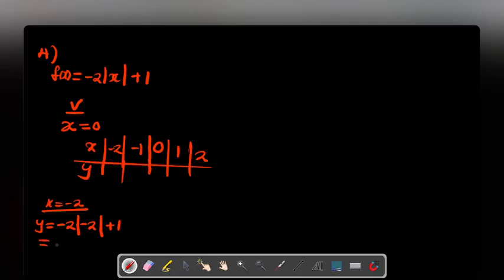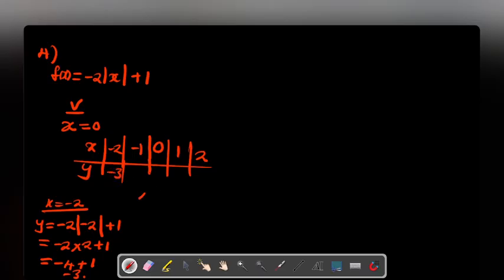So this gives us -2, then the modulus of -2, the absolute value, which is +2. Here we are multiplying, then plus 1. So this gives us -2 times 2, which is -4, plus 1. So this gives us -3.